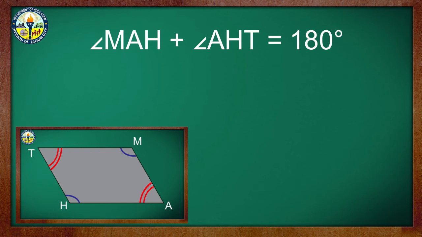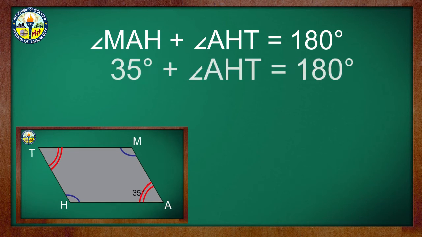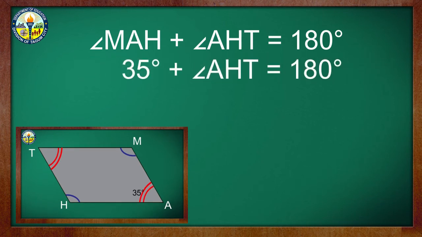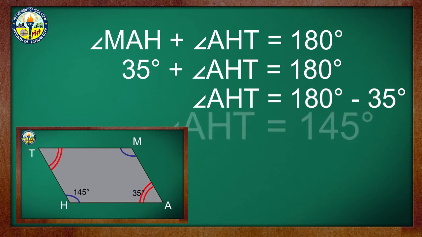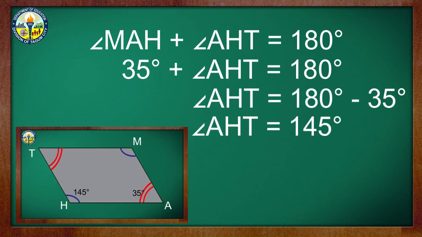Substitute the value of angle MEH. We have 35 degrees plus angle EHT equals 180 degrees. Subtract both sides by 35 degrees, we get angle EHT equals 180 degrees minus 35 degrees. Therefore, angle EHT is equal to 145 degrees.